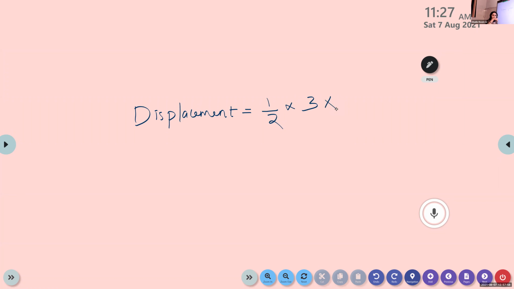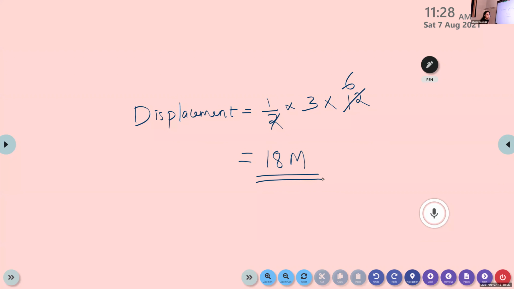Height is 12 minus 0, that is equal to 12. So here we can cancel the 2 and 12 by 6. So what is left? 3 into 6. What is 3 into 6? 18. And what is the unit? Here we are calculating the displacement. What is the SI unit? Meter. 18 meter is the answer.